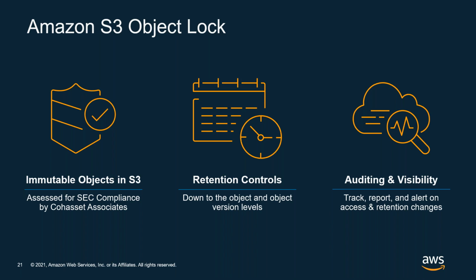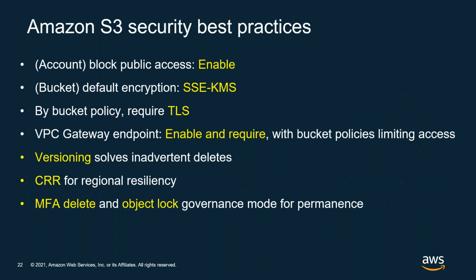So if someone was storing backups in S3 and a ransomware event happened and tried to delete the backups, assuming that Object Lock was properly configured, it would deny that request. It would not allow that object to be deleted in S3. So a lot of folks use this for ransomware purposes, but also just for compliance purposes as well, just to make sure that data is immutable, it doesn't change. There's a lot of auditing built in here to track and report on some of these changes as well.